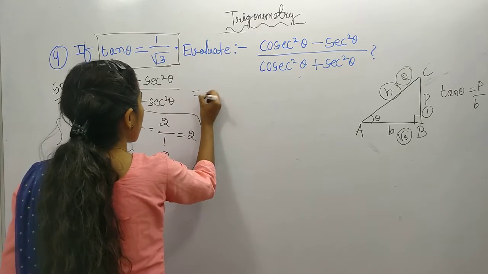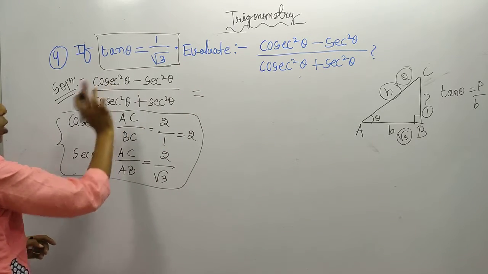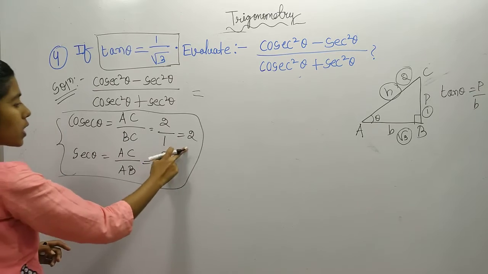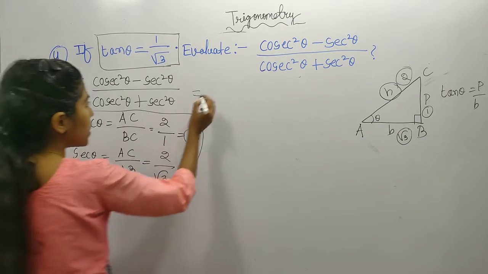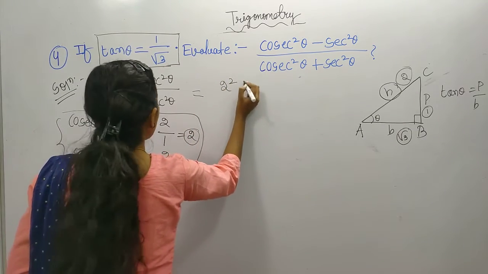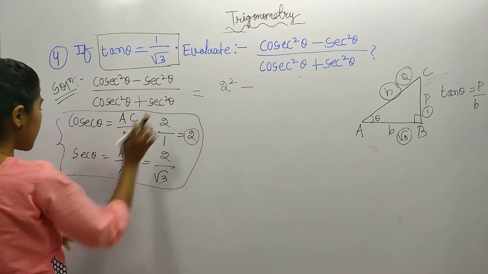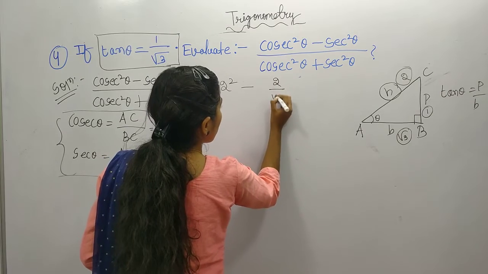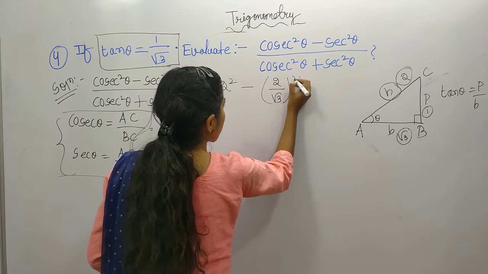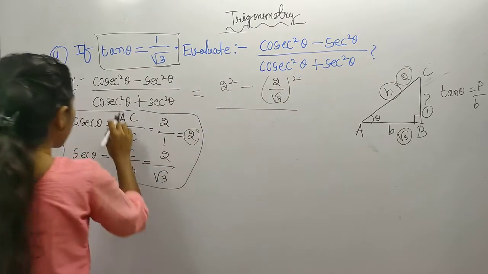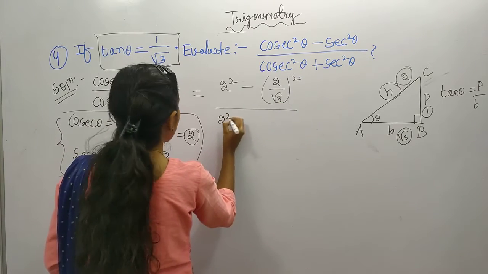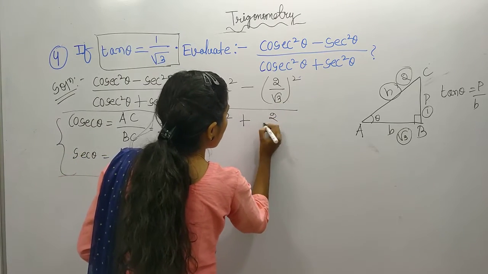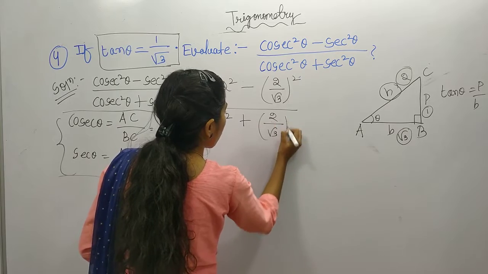So here you see what will happen. Given cosec square theta, where cosec theta is 2, that means cosec square theta is 2 square, minus sec theta which is 2 by root 3, whole square, divided by cosec square theta 2 square plus sec square theta, 2 by root 3 whole square.